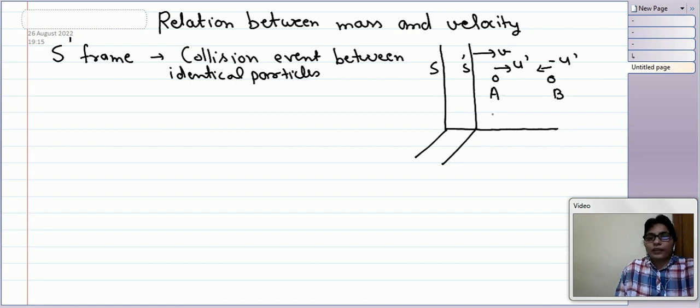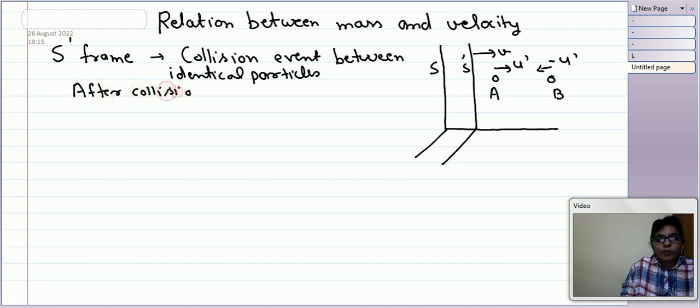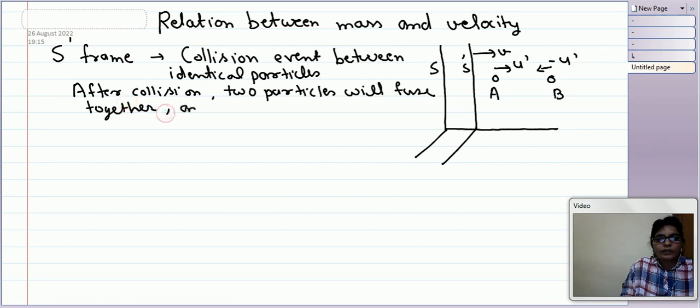So finally, after the collision, these two particles will fuse together and come to rest.